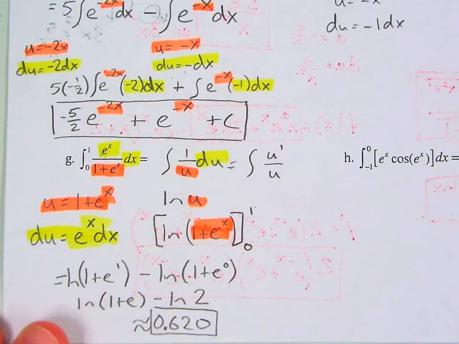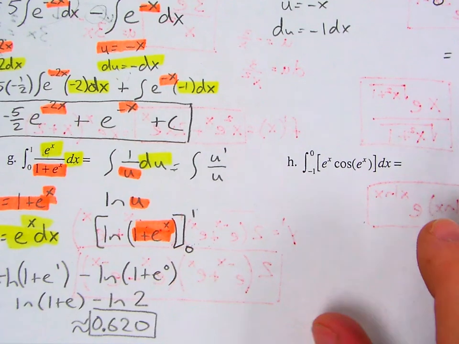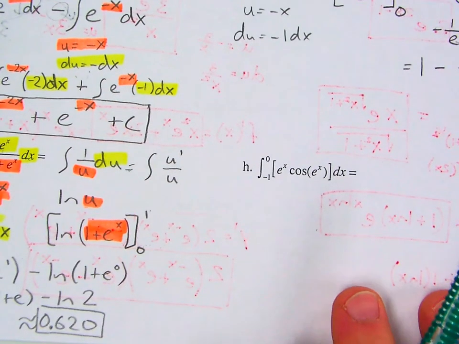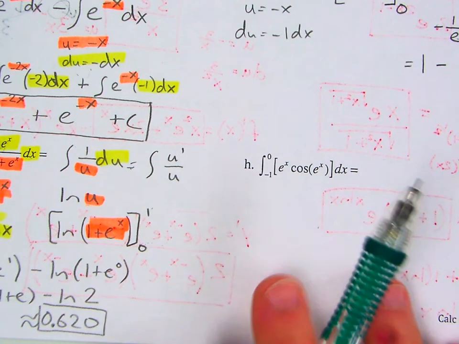We do get 0.620. Okay, so just because there's an e doesn't mean we forget about natural logs, especially when we have fractions here. Aren't most logs natural? I haven't seen any synthetic.